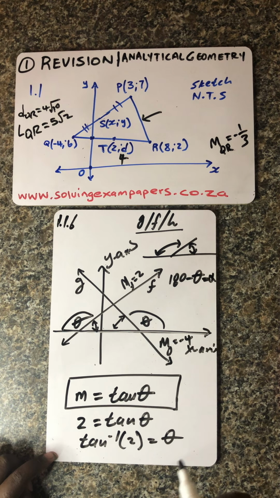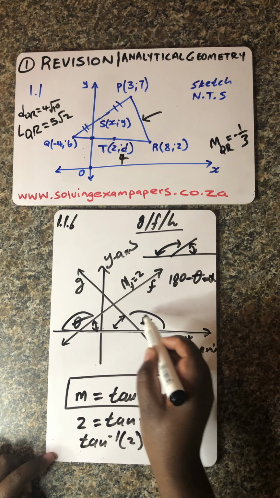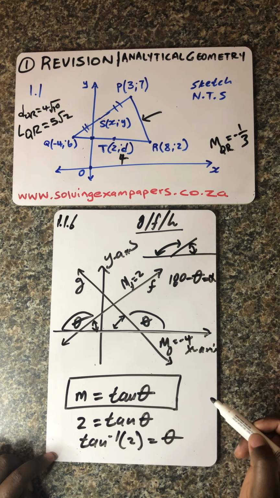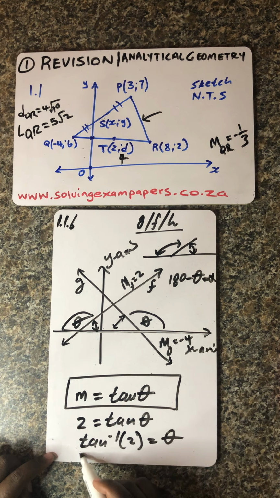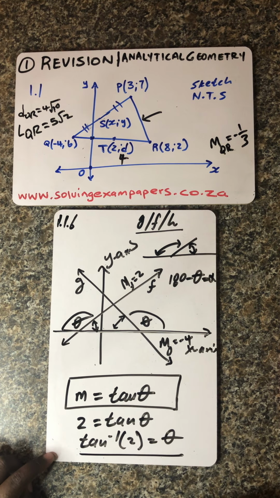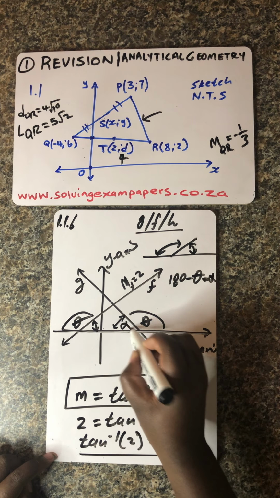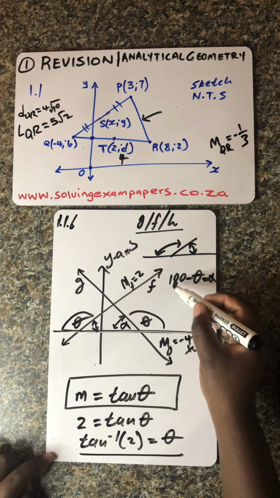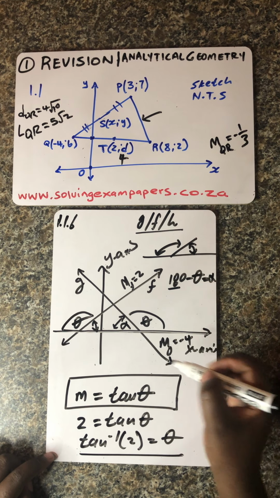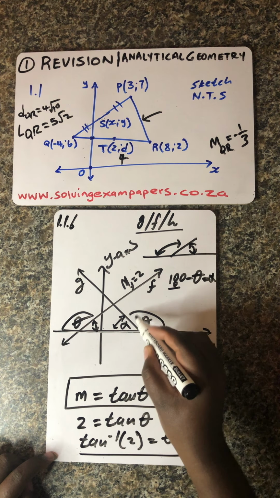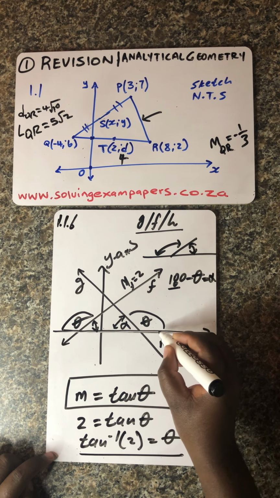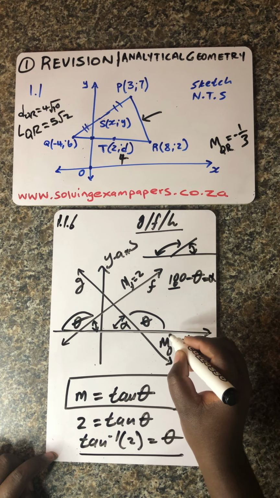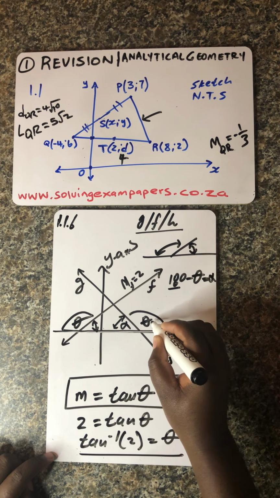For example, this angle is greater than 90. If you punch this on a calculator and you get an angle which is less than 90, it means it's that angle, so you just have to say 180 minus that angle in order to get this angle. But if you get an angle which is greater than 90, then you know it's that angle.